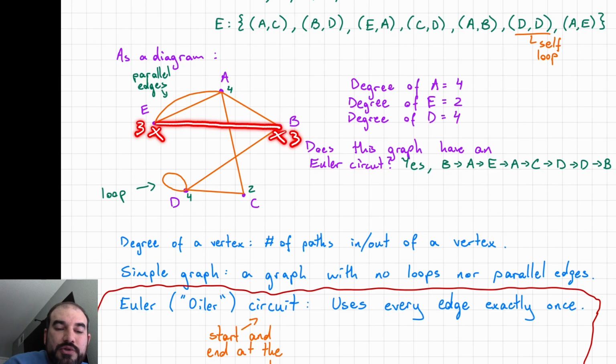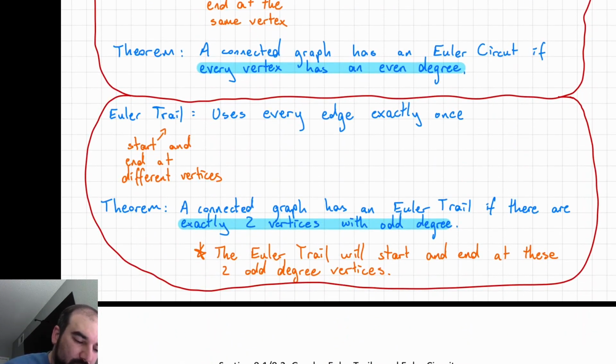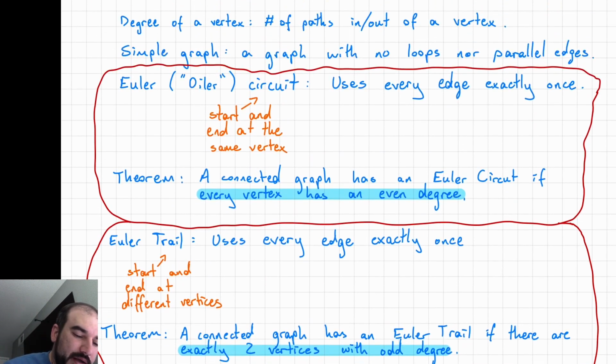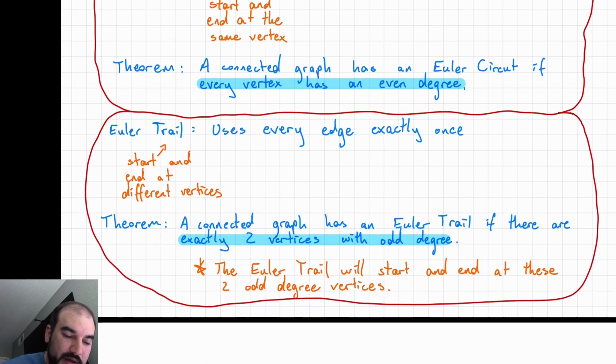And any Euler trail you write like this would have to start at E and end at B, or vice versa. You'd have to start your trail at B and end at E, or start at E and end at B, while also going over every edge exactly once. Right, so for an Euler trail, you're looking for exactly two odd vertices to guarantee that there is one. For a circuit, you're looking for all vertices to have an even degree.